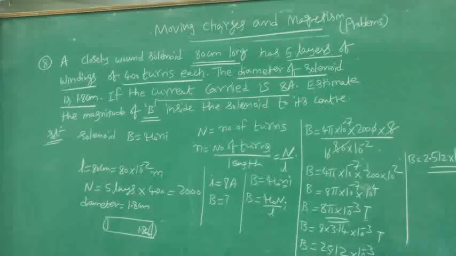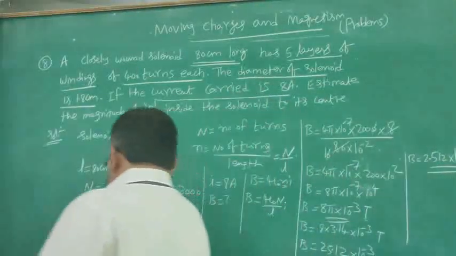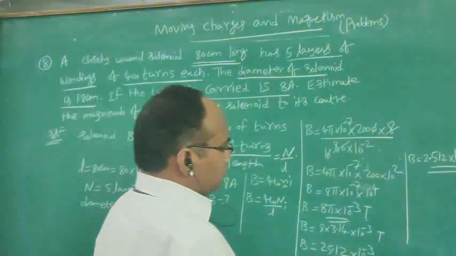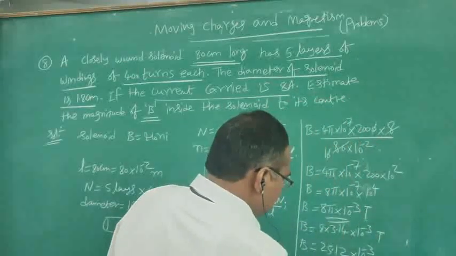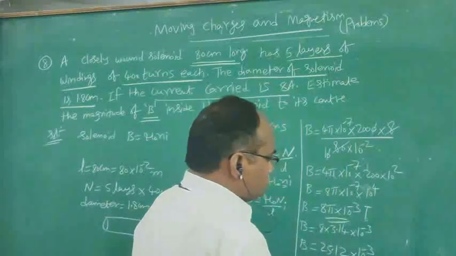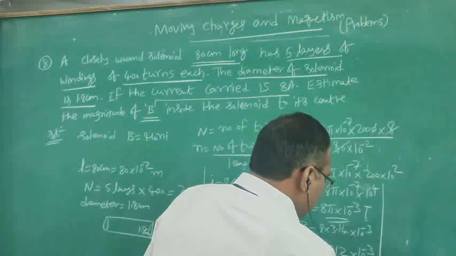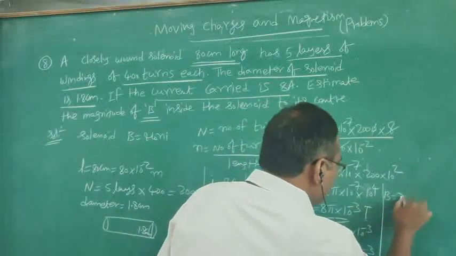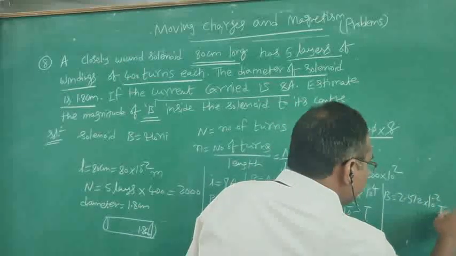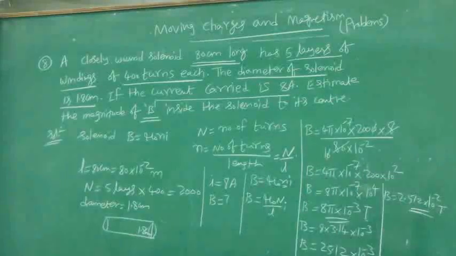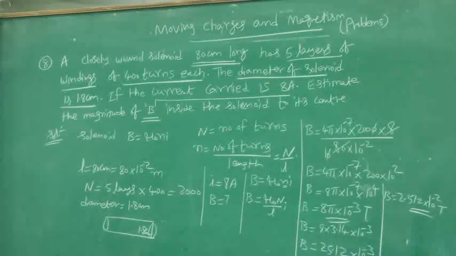This is the magnetic field of the solenoid. So B is equal to 2.512 into 10 to the power of minus 2 Tesla. Now you can see the board, right?